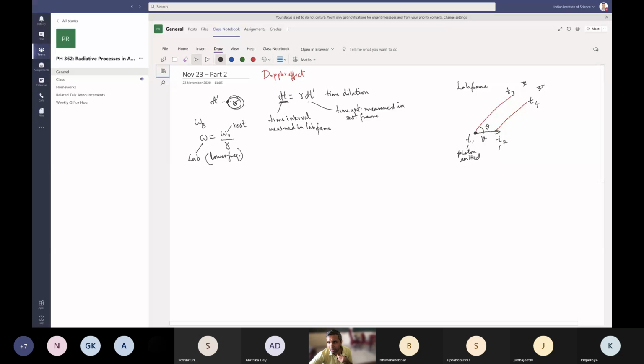T2 is the time when, for example, it has completed one orbit, or some orbits. This is the time another photon is emitted. T3 is the time when this photon is measured by the observer.